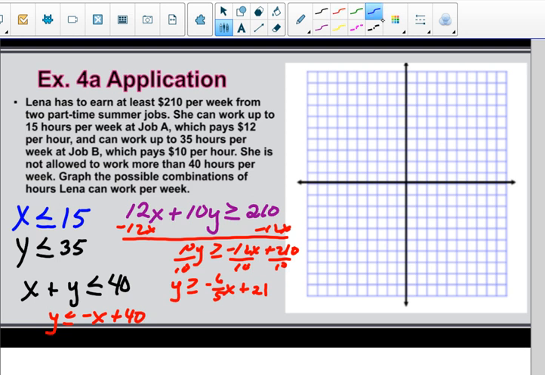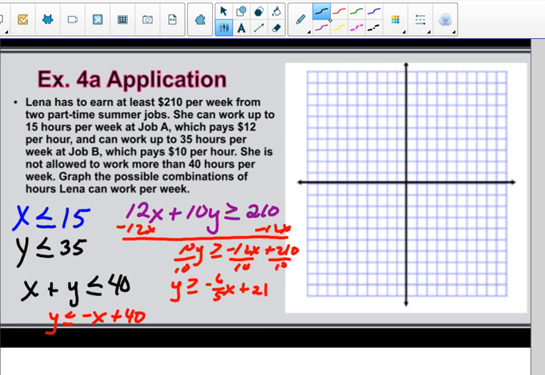So the first one, and to just get started, we can see that we have some pretty big numbers here, so we have to determine what our axes are going to be. Our y-axis, we can count by, and since we're only dealing with positive numbers, because we're only dealing with hours you can work and the amount of money you can pay, you're only dealing with quadrant 1, all positives.